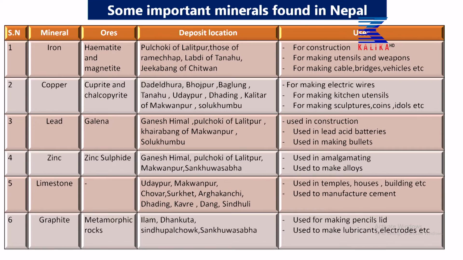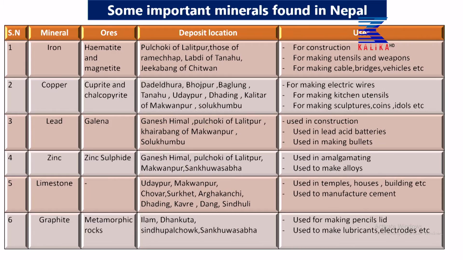Now we will describe each of these six minerals on the reference of their ores, the locations where they are deposited, and their uses, of course. Have a look at the very first, iron. Iron is a very hard metal that is the most important component in almost all construction processes, whether it is buildings or bridges or any other, but construction requires iron compulsorily.